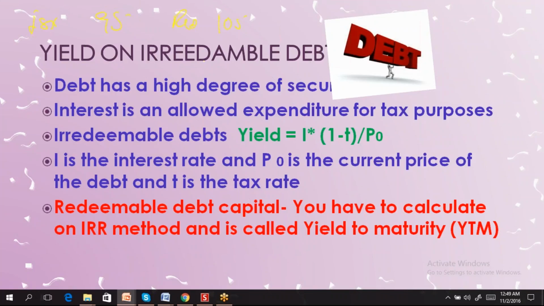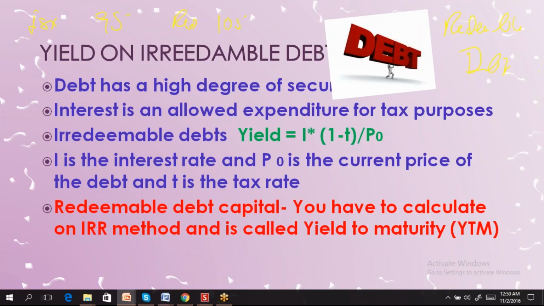So this is the issue price and the redemption price. Where there is a difference between the issue price and the redemption price, that kind of debt is called redeemable.